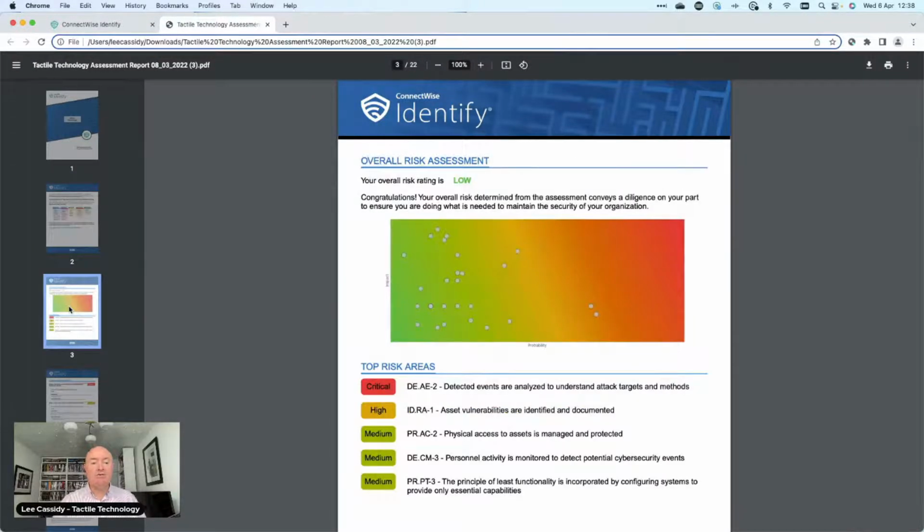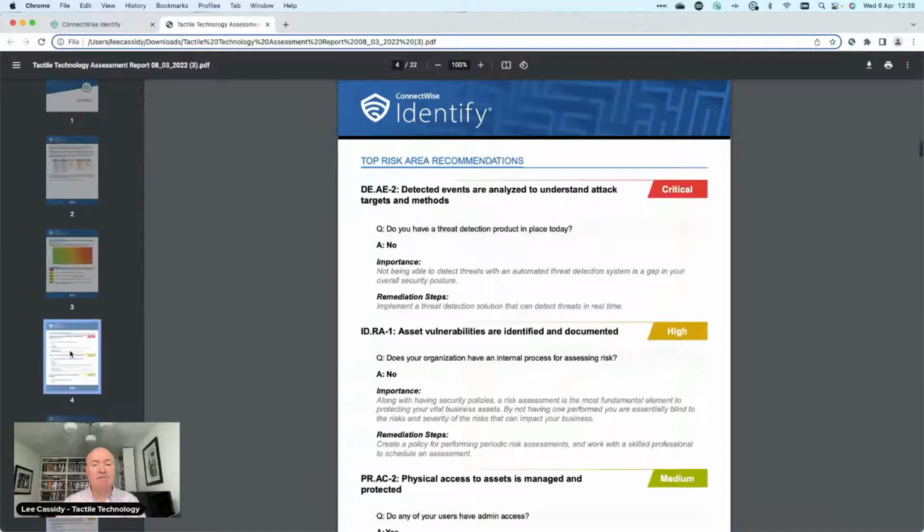Then we get a pictorial view like the online version, showing where our key risks are, moving across to the right, into our critical area. Again, it's documented below. But this time, inside the large document, we've got some remediation steps as well. One is, do you have a threat detection product in place today?